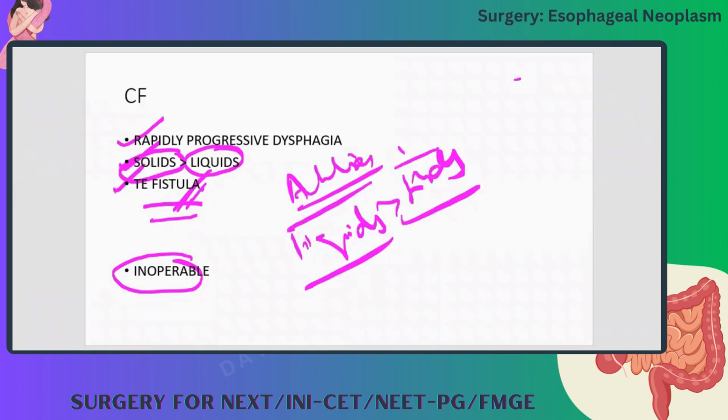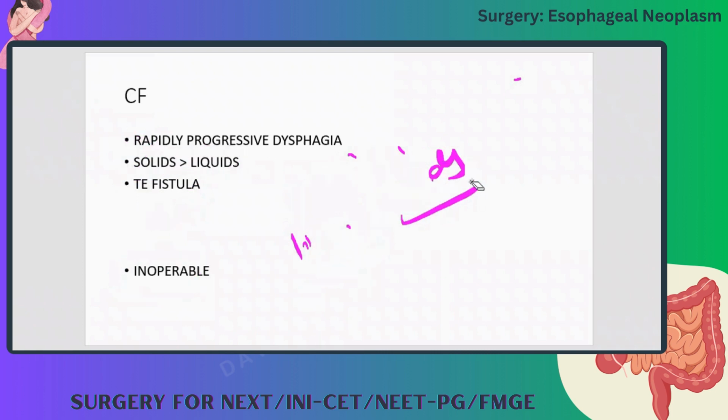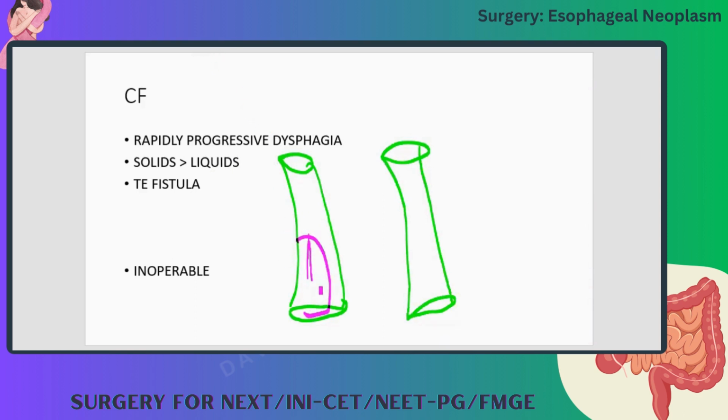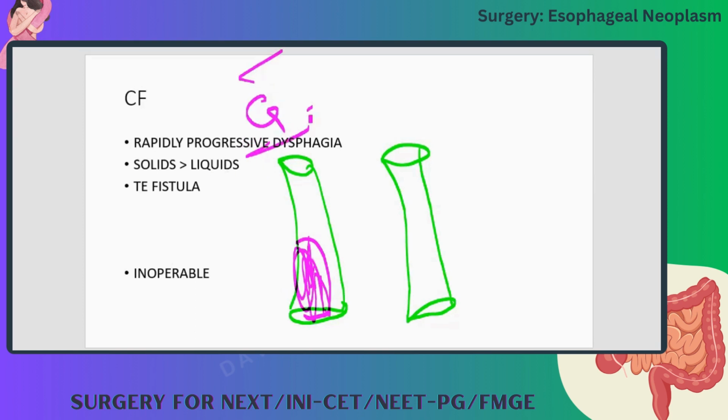Why is it so? Just think and tell. This is a cancer mass, and this is achalasia where the sphincter is narrow.